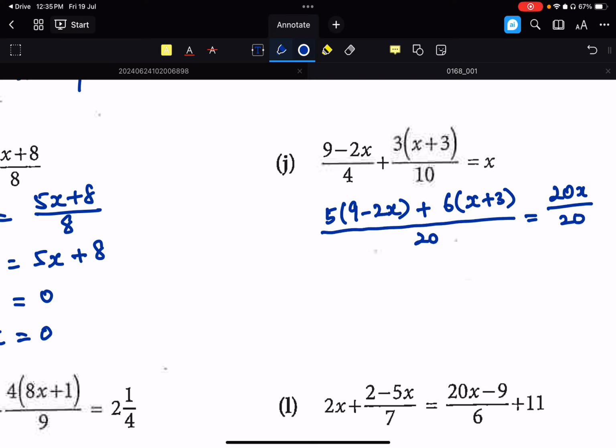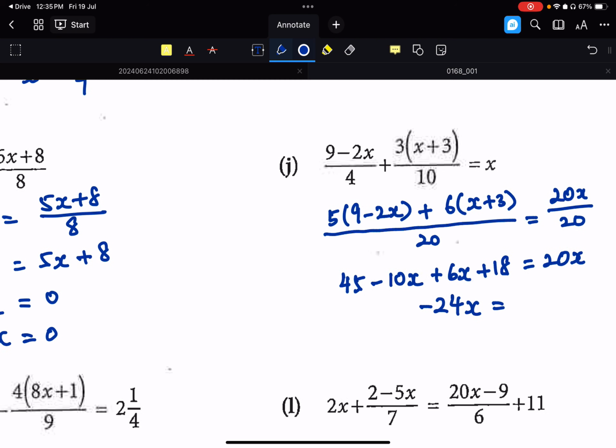So now we expand it carefully. 45 minus 10x plus 6x plus 18 equals 20x. So put them together: negative 10 plus 6 minus 20, we have negative 24x equals 5 minus 18, negative 27. x will be equal to 1 and 1 over 8.